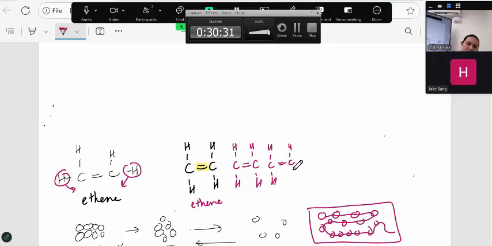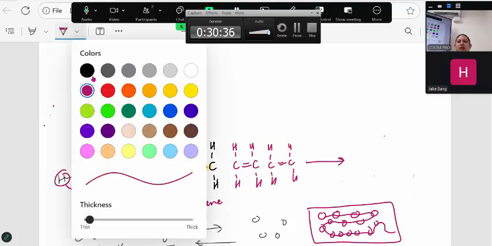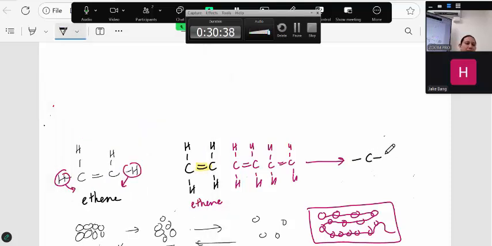Okay, so what's going to happen is they are all going to open up their bonds in the middle, and they're going to hold hands with each other like this. And it will go on and on and on. So now it goes on for how many?